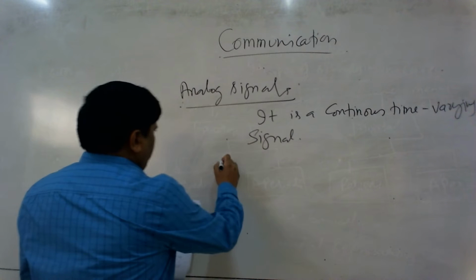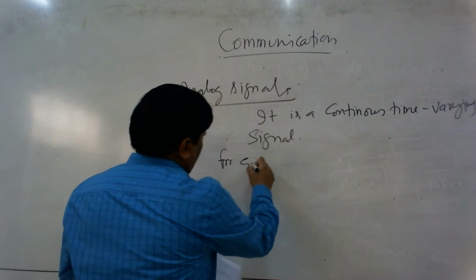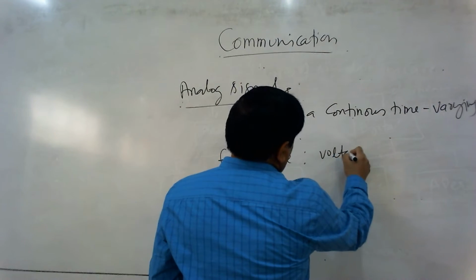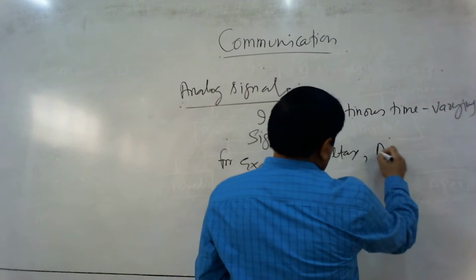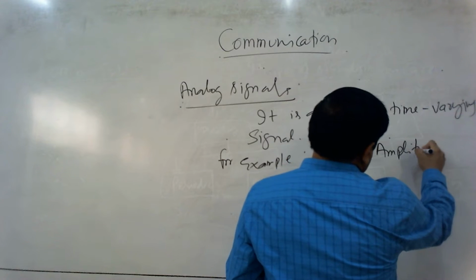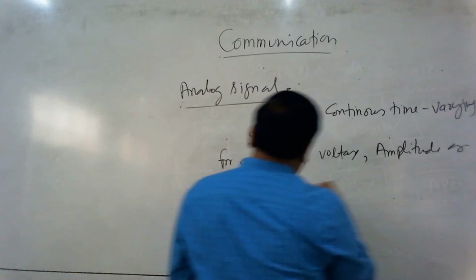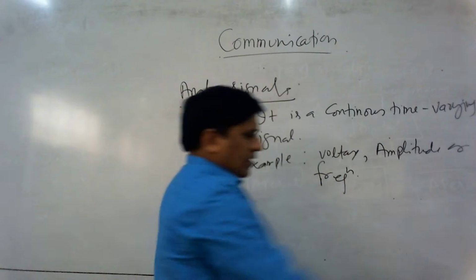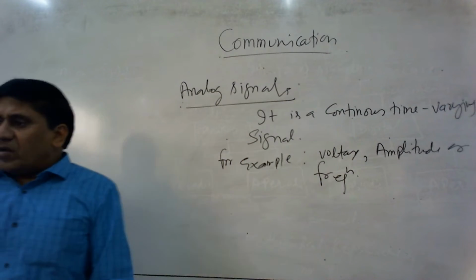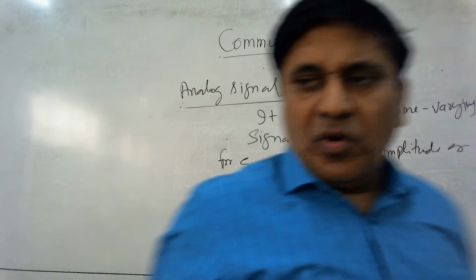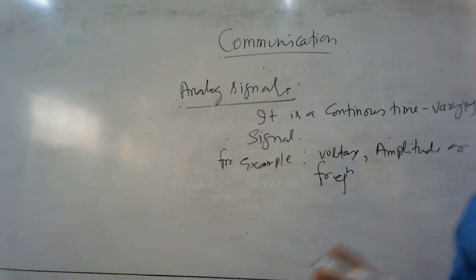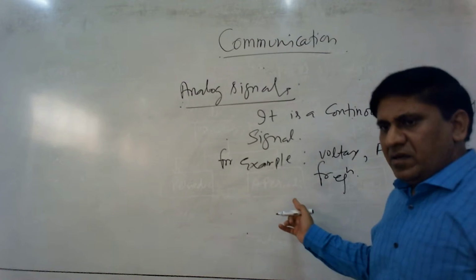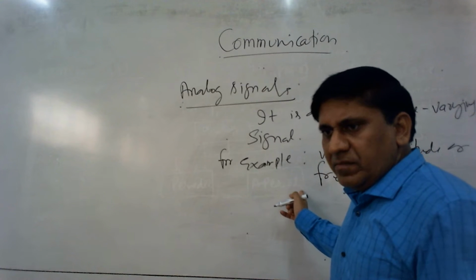For example, if we take voltage, amplitude or frequency, these vary with time. In an analog signal, the voltage, amplitude and frequency vary with time.